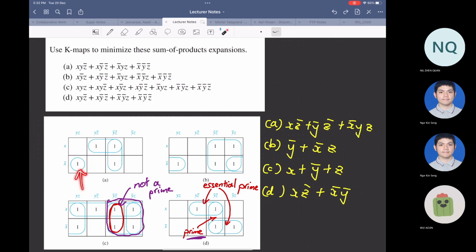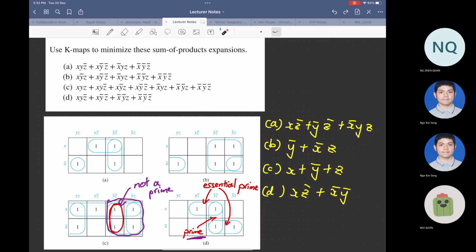So this is the implicant. There's an implicant corresponding to this. So is this a prime implicant or an essential prime implicant? Is it a prime implicant? Yes, because this block of 1s is not contained in a larger block.